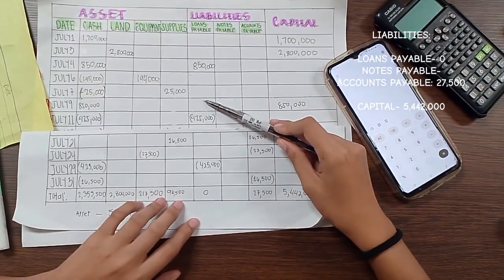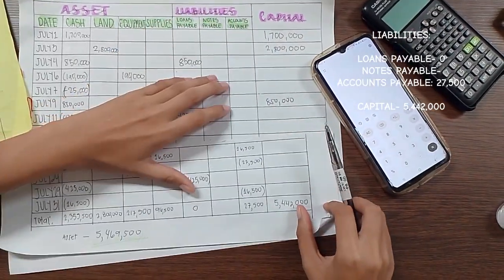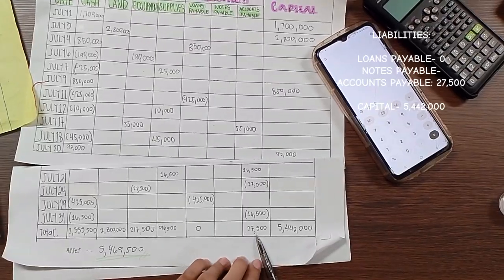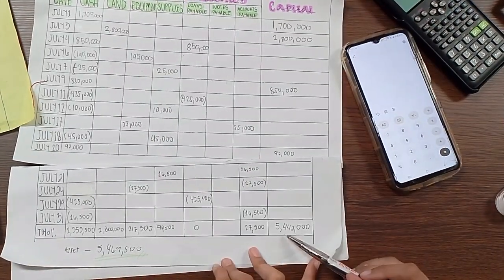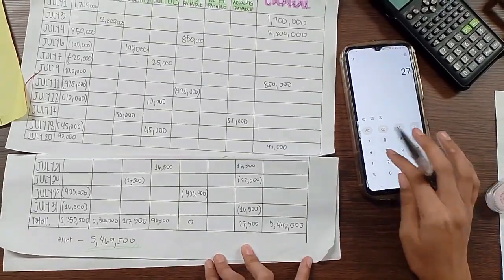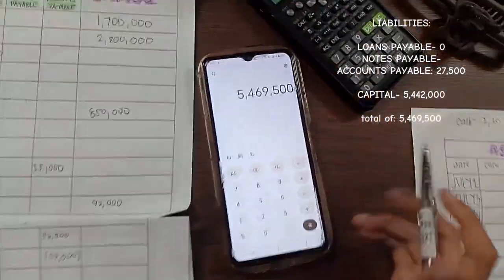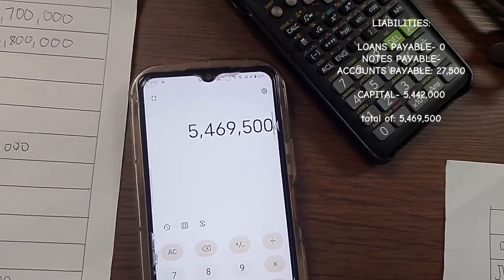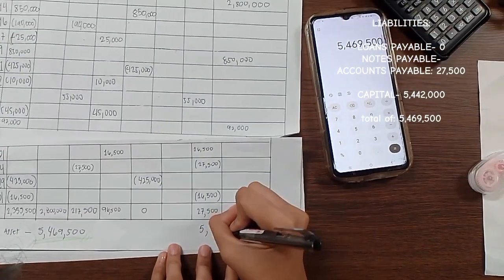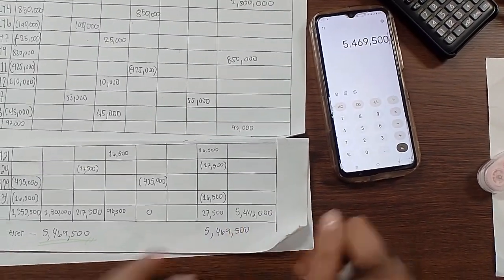Since the loans payable is 0, in the accounts payable the remaining balance is 27,500. And the total of the capital is 5,442,000. So we total them, and that is the answer, 5,469,500.